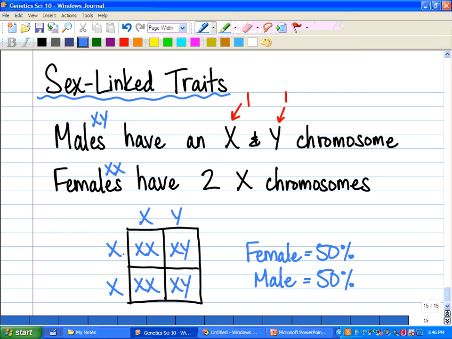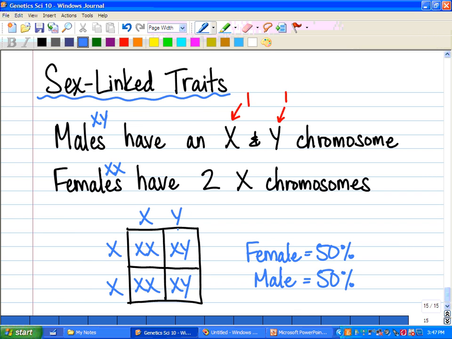Mom can only give an X. Had we gotten an X from dad as well, I wouldn't be Josh Heinrich, I might be Sarah Heinrich, right? Mrs. Heinrich, because I'd be female. So can you say that it's dad that determines the gender? Not really, it's random chance. But in order to have a male, you know the Y had to come from dad.